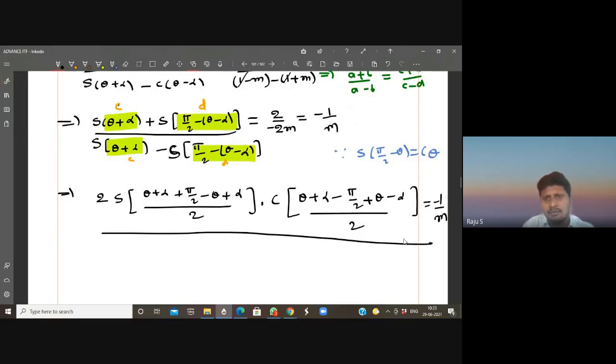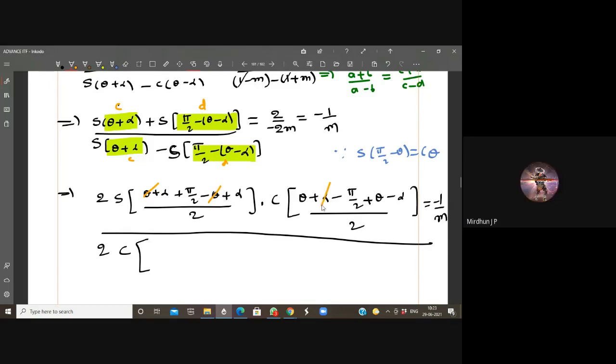Like that, all of you simplify the denominator also. Write it as it is. First, the denominator: what will it become? Sin C minus sin D, 2 cos. Same value. Anything will be cancelled here? Theta and theta get cancelled. Here 2 alpha and 2 alpha will cancel.